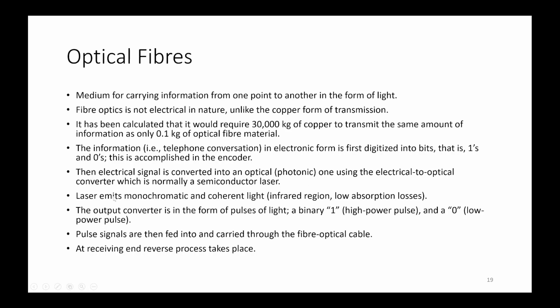This laser emits monochromatic and coherent light in the infrared region, with low absorption losses. Pulses of light, binary 1s and 0s, will be transferred from one end to the other.